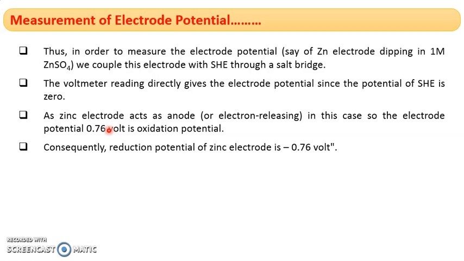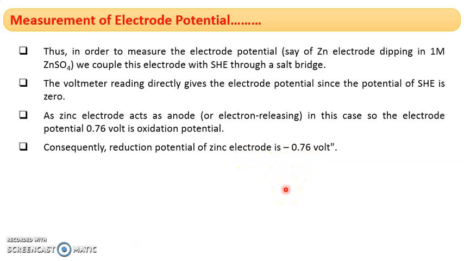As at the sample electrode oxidation is occurring, the given value 0.76 volts is the oxidation potential of the zinc electrode. And by changing the sign we can find out the reduction potential of the zinc electrode. So 0.76 volts is the oxidation potential of zinc electrode, and its reduction potential must be minus 0.76 volts.